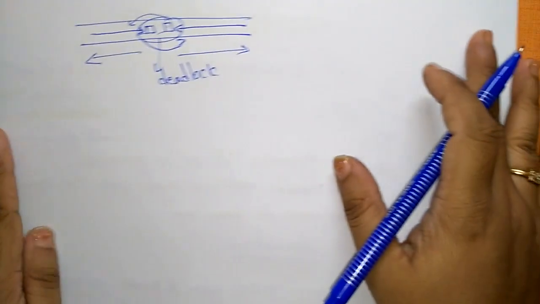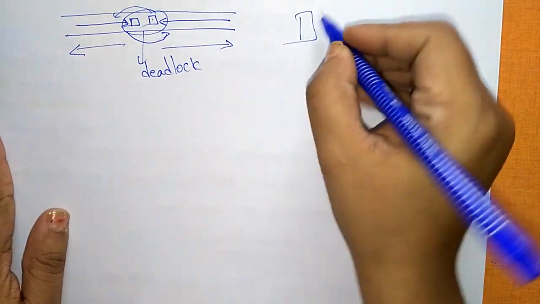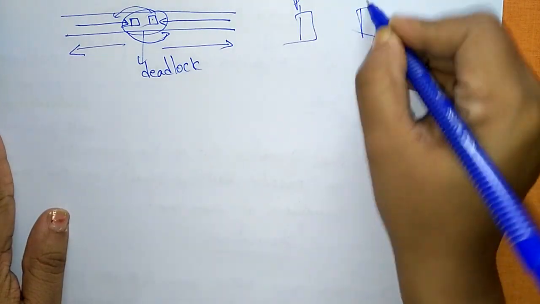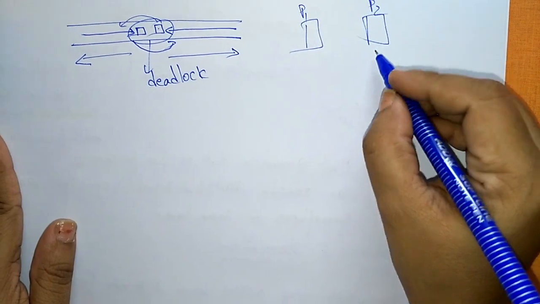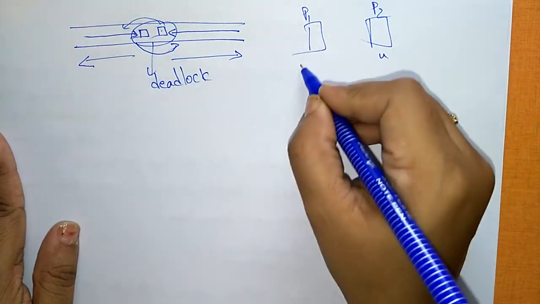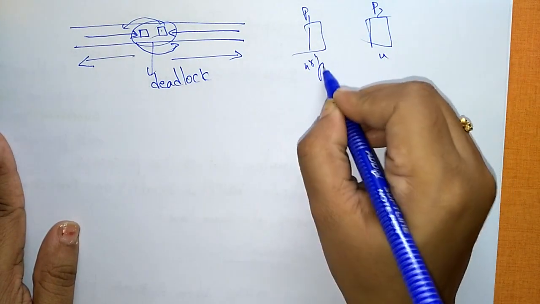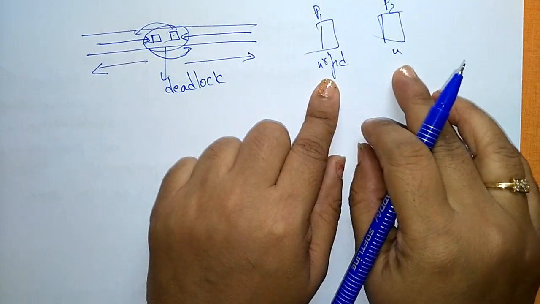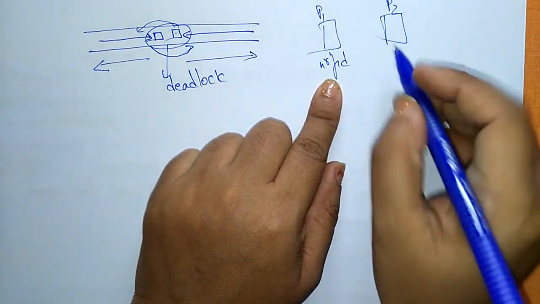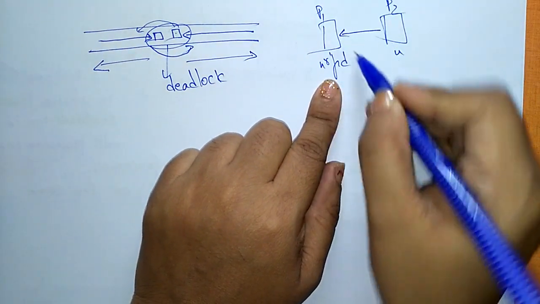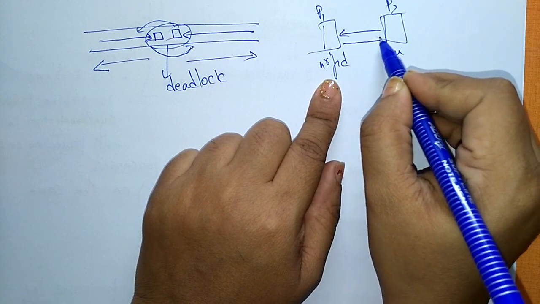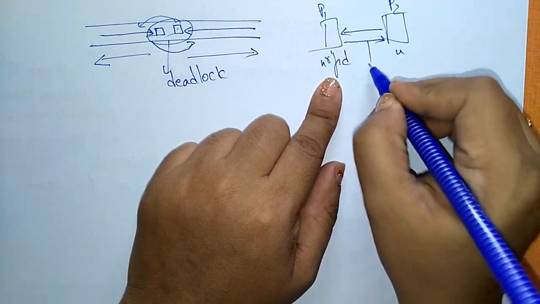Or let me take one more example. Here is a process P1 and P2. Suppose this is you and your friend. Both are talking on the phone. So you are dialing your friend's number, and at the same time your friend is also dialing your number.